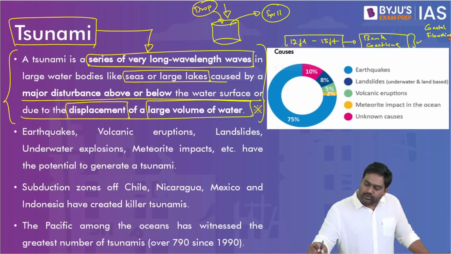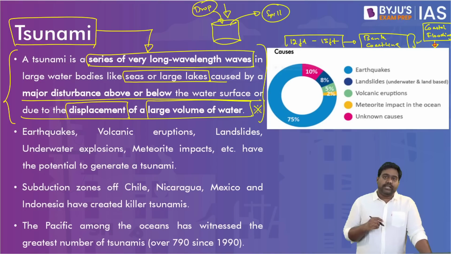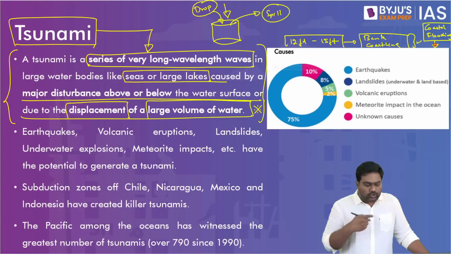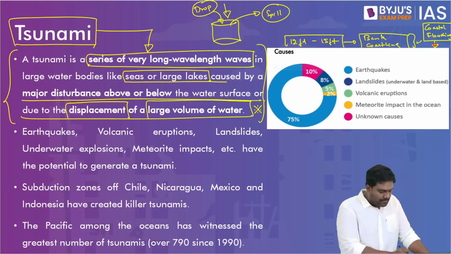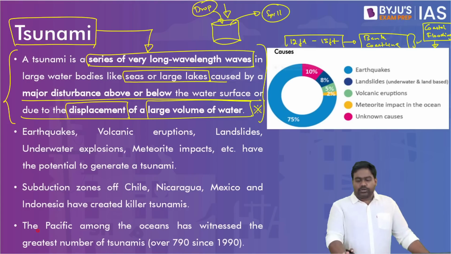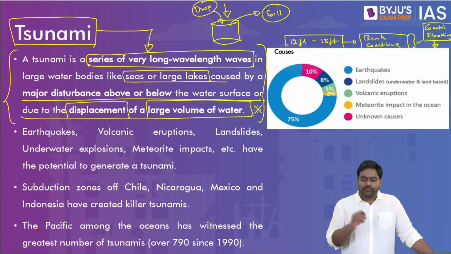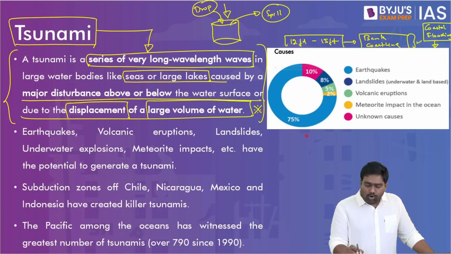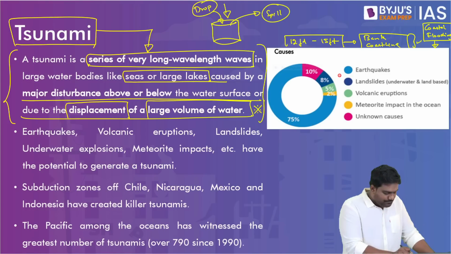So this kind of hazard is called a tsunami. So let's understand what causes a tsunami, and also let's talk about the phenomena involved in the formation of tsunami waves.